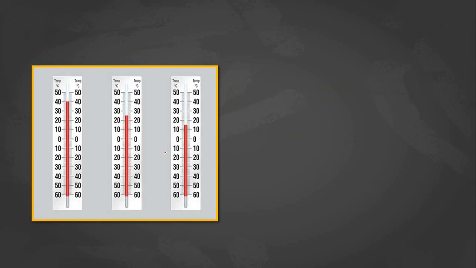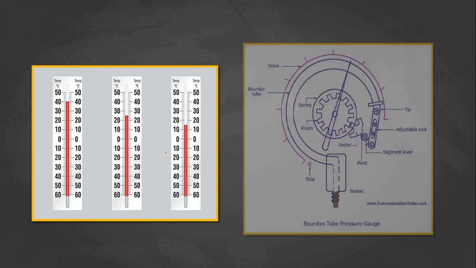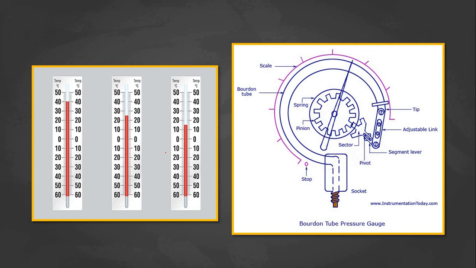If you see in detail, in the case of a thermometer, the variations in temperature are converted into variations in the level of a mercury column. Similarly, in the case of a Bourdon pressure gauge, the input is the pressure. The pressure is converted into a displacement by using the Bourdon tube. Here the Bourdon tube is a primary sensing element.